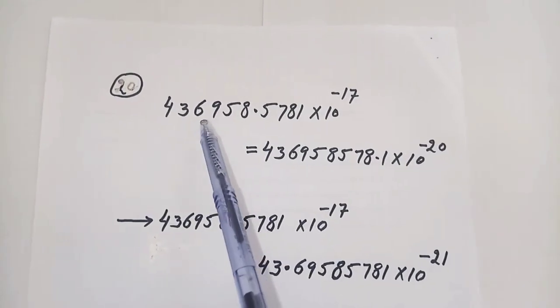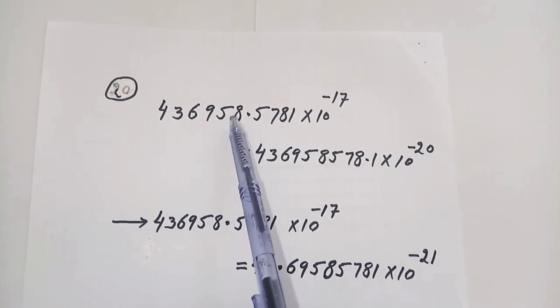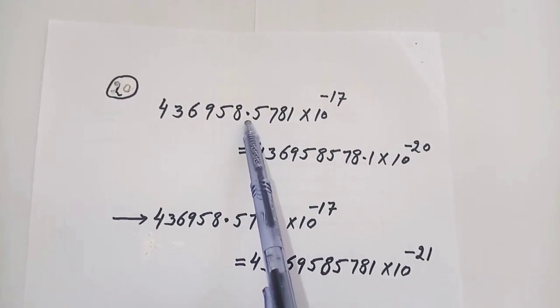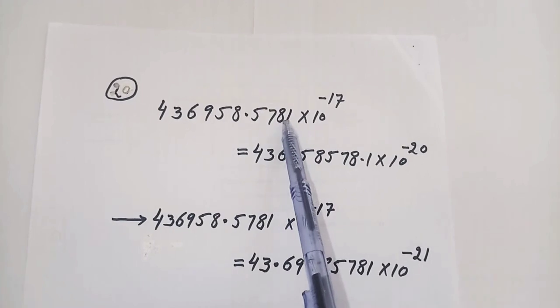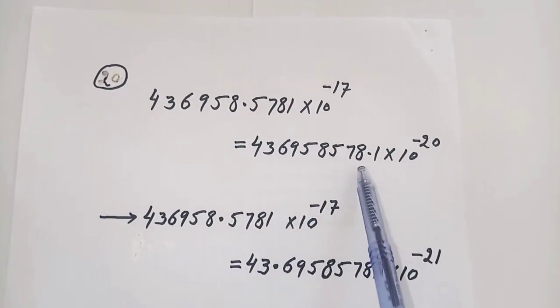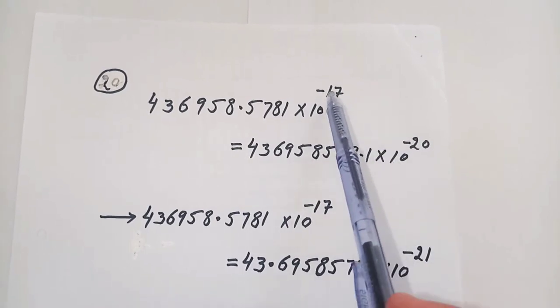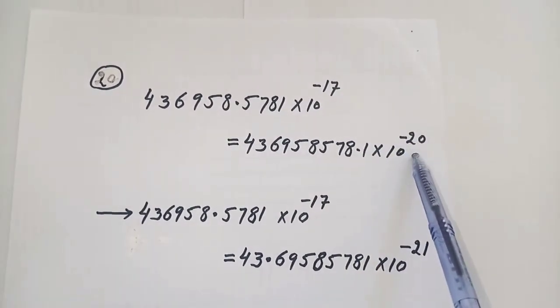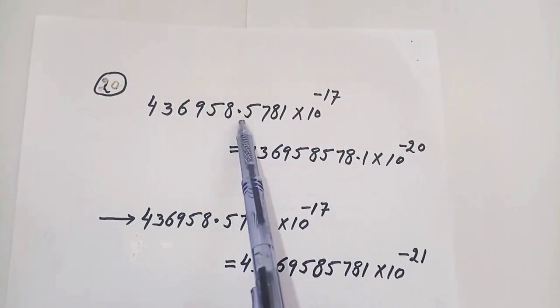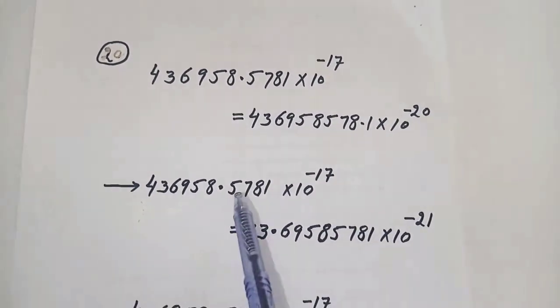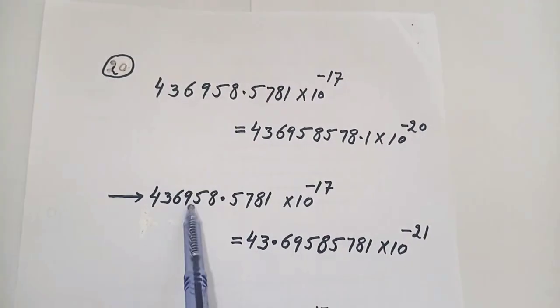Now this is a case for a negative power. This is a number. Here the point is between 8 and 5. If we shift the point in this direction from this point to here, then this power will change from minus 17 to minus 20. Here again, this is the same number.